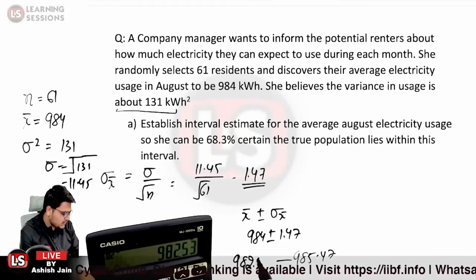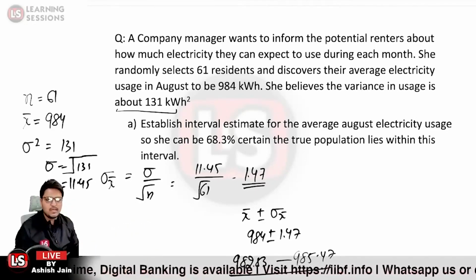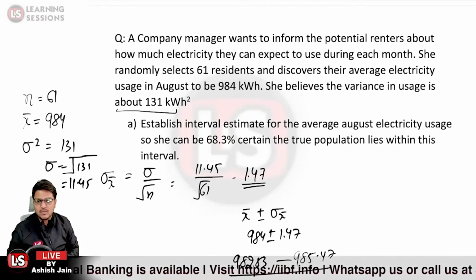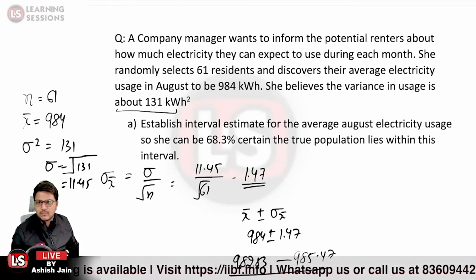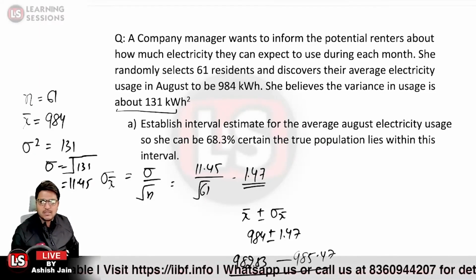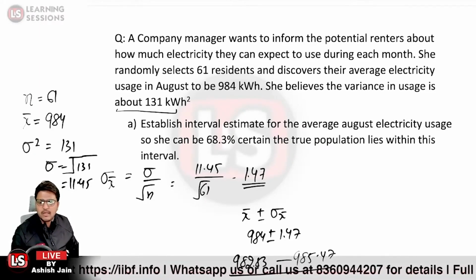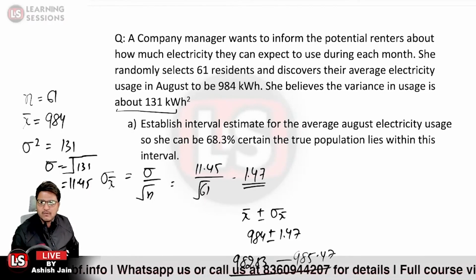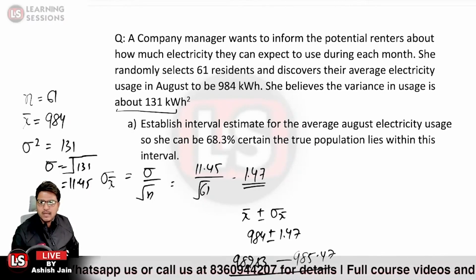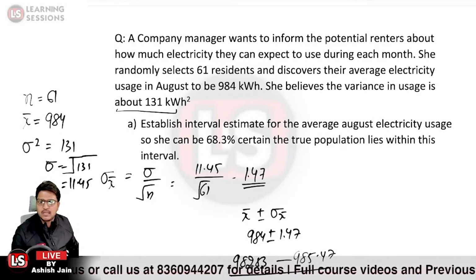So that is the interval with the 68.3% certainty, and that would be the answer. You must be certain about what data is given to you and what particular terms are to be used. Is that clear?